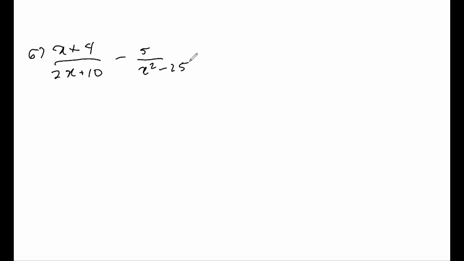So what we're going to do first here is look for the lowest common denominator. In order to do that, we're going to factor 2x plus 10, and we see that that's equal to 2 times x plus 5.